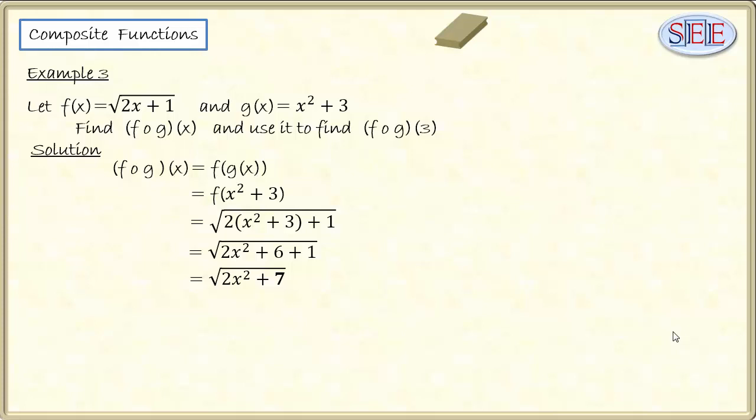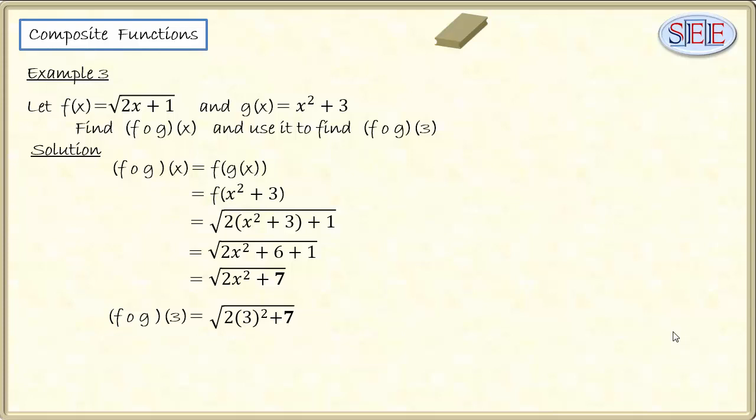But the question says that I should use this to find the image of 3 under that composite function. So the image of 3, what we simply do is to replace the x by 3 in the formula for the composite function. And the formula for the composite function is square root of 2x squared plus 7. So f of g of 3 is nothing but replace the x by 3 in the formula.